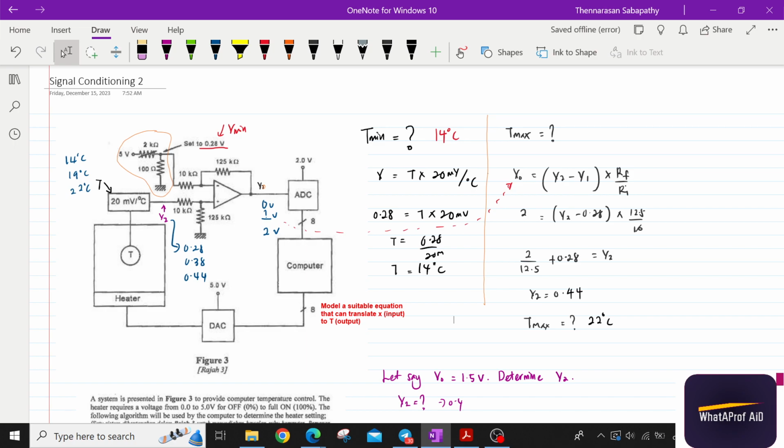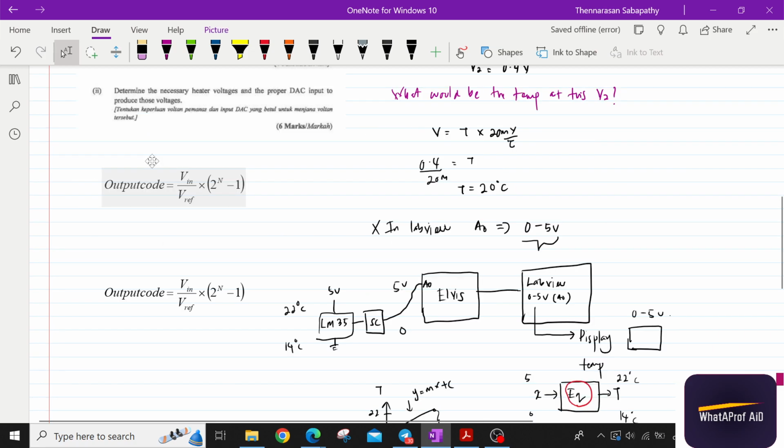But still you need to know what is actually going on inside the ADC. So this is the equation that gives the output code of the ADC. Because with the ADC, in terms of voltage, you have a voltage here. This voltage will be translated to the 8-bit system, so that your computer or microcontroller can process the data.